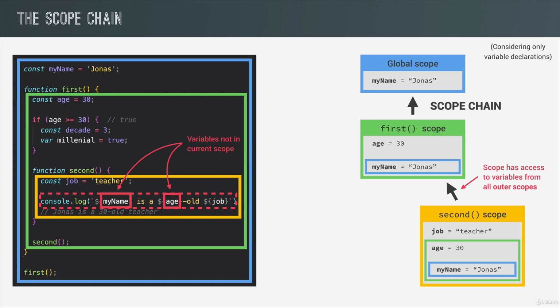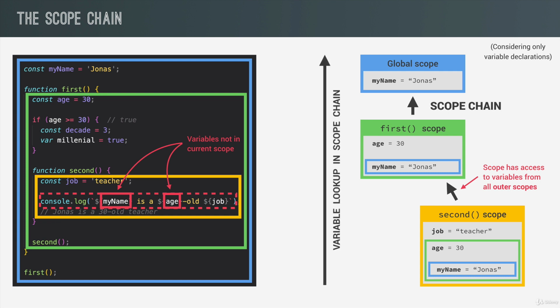In other words, if one scope needs to use a certain variable but cannot find it in the current scope, it will look up in the scope chain and see if it can find the variable in one of the parent scopes. If it can, it will then use that variable, and if it can't, then there will be an error. And this process is called variable lookup.